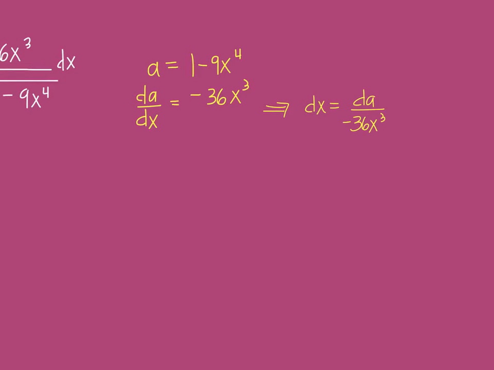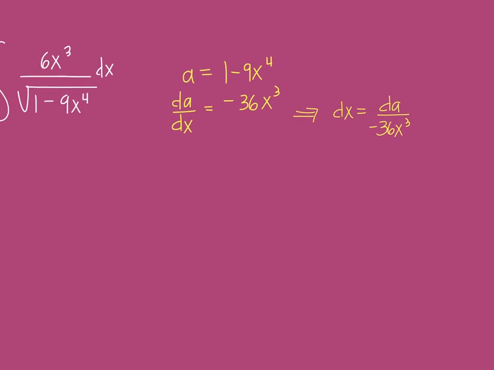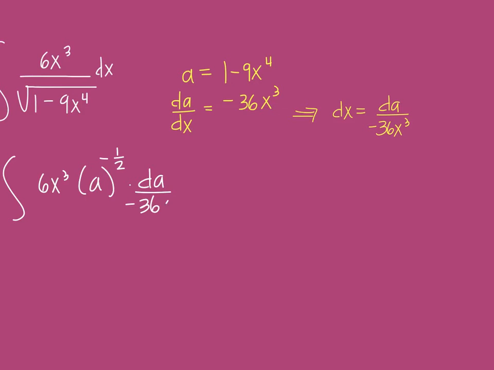So it's almost like I'm working on a problem within a problem. So I'm just going to pause that right there. This will be now for me the integral of 6x cubed times what I chose for A to the negative 1/2, and then what I'm substituting in, which will be dA over negative 36x cubed.